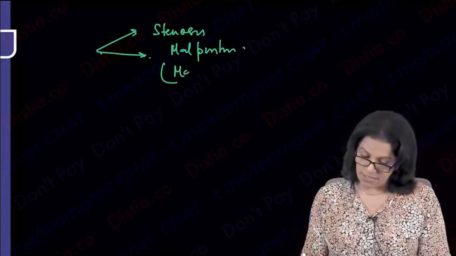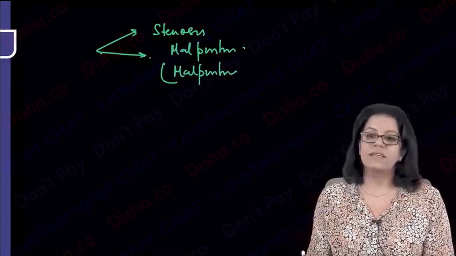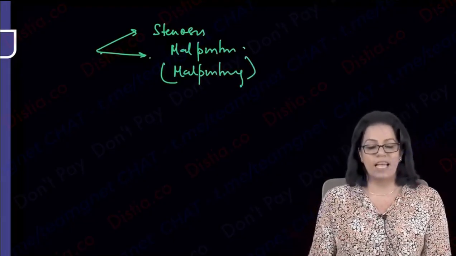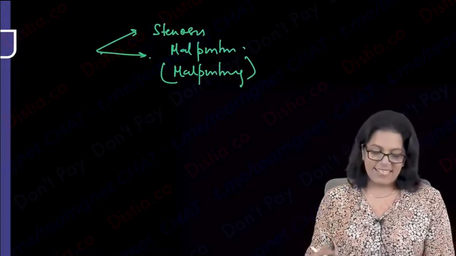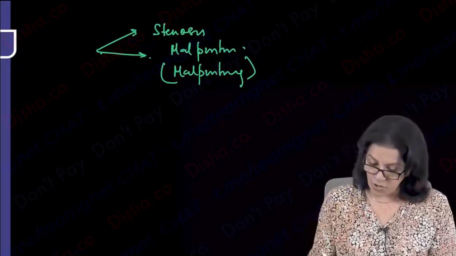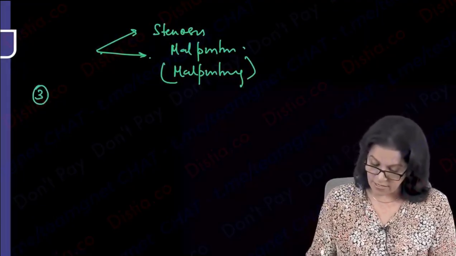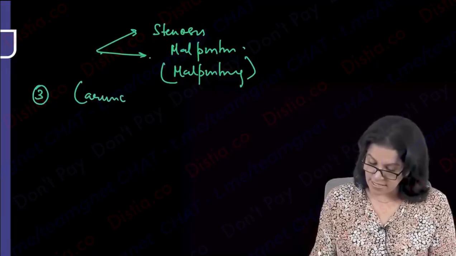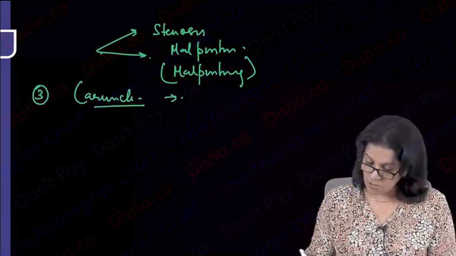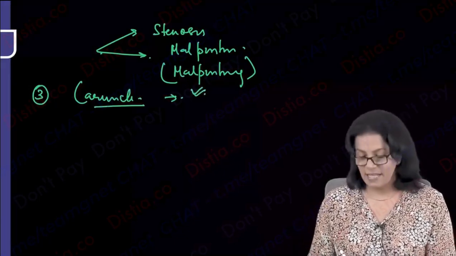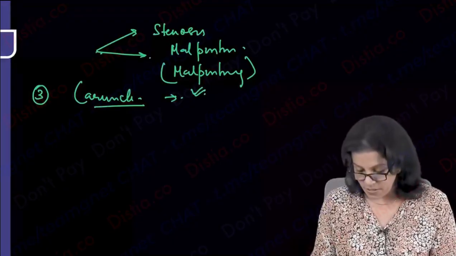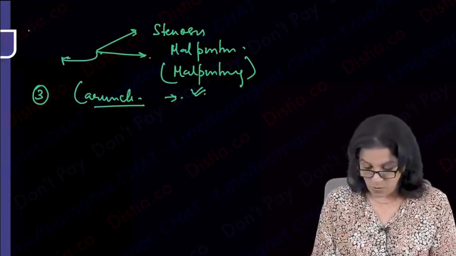Okay, so malpositioning. Then, the third thing is we should also check for the caruncle. Sometimes a large caruncle is also obstructing the puncta. So examine the caruncle.